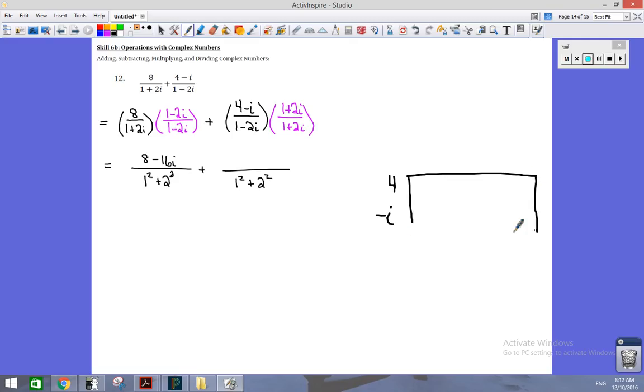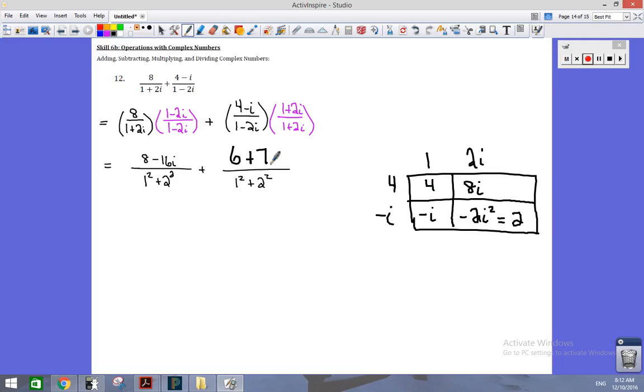It's not necessary that you do it in a table. It's just, like I've said many times, a convenient and organized way to apply the distributive property. So, trying not to make any errors here, I get 6 plus 7i if I haven't made any errors.